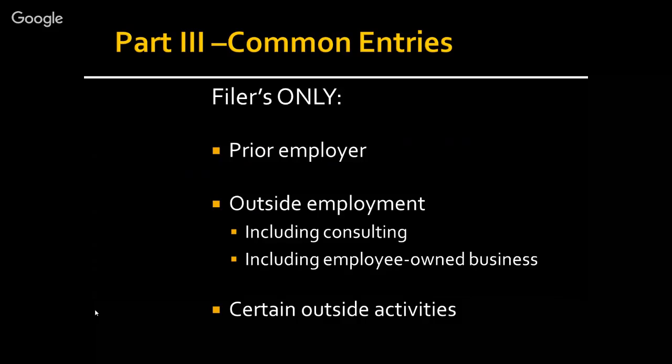Now, what should not be here are any positions that the employee might hold that are done as part of their official duties. We're only looking for things for outside activities and outside positions that the employee would hold in a personal capacity, in a non-official government capacity.